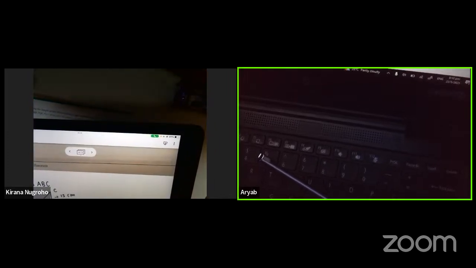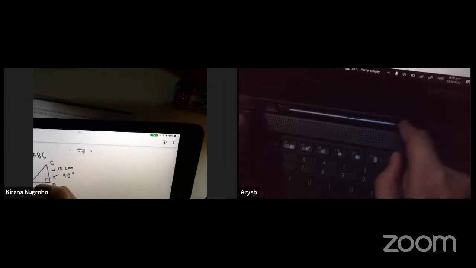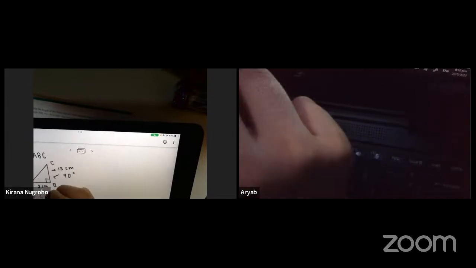Okay, let's see. But who is correct? Who is wrong? I believe the question is not very nicely worded. I kind of disagree with how the question does it. It's not right to do this.